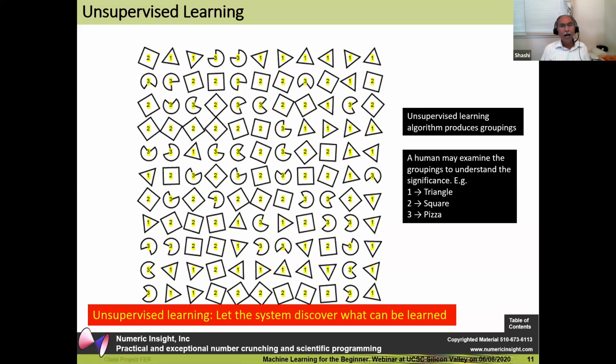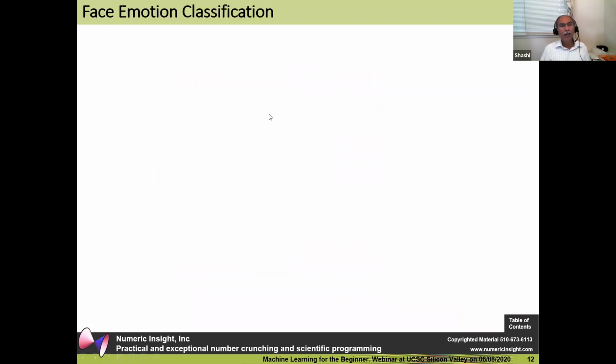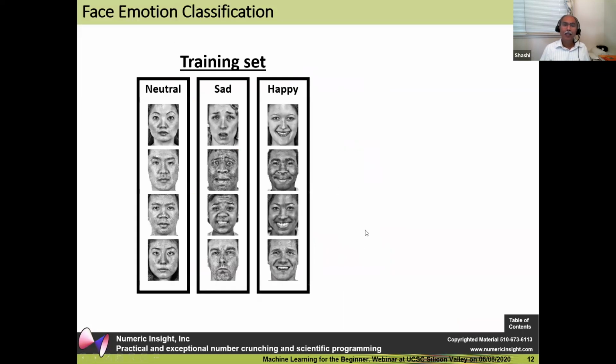Okay, I want to leave you with another example of supervised learning, which is face emotion classification. Let's say you have a large training set containing neutral faces, sad faces, and happy faces. You can imagine being able to train a classifier.